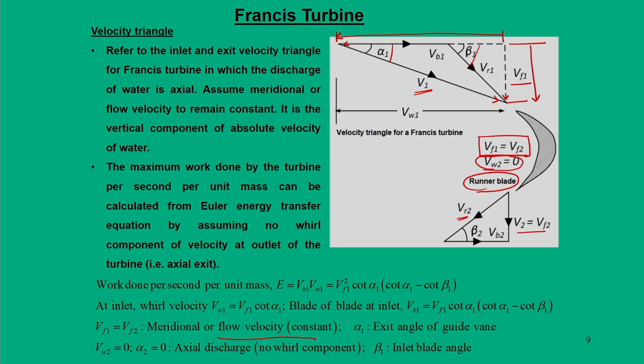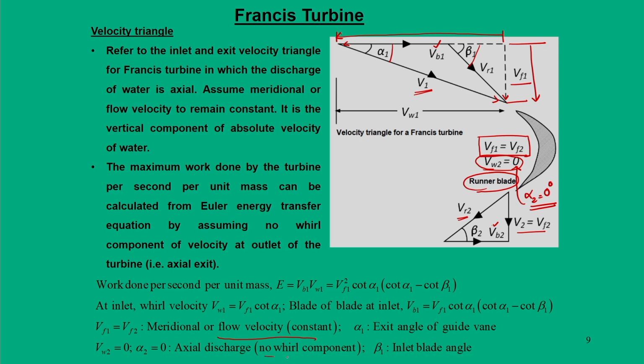Another important point is that we have Vb1 at the inlet and Vb2 at the outlet. And here alpha 1, beta 1, and alpha 2 is 90 degrees. So, through this process we get these two expressions. Sorry, alpha 2 is 0 degrees.